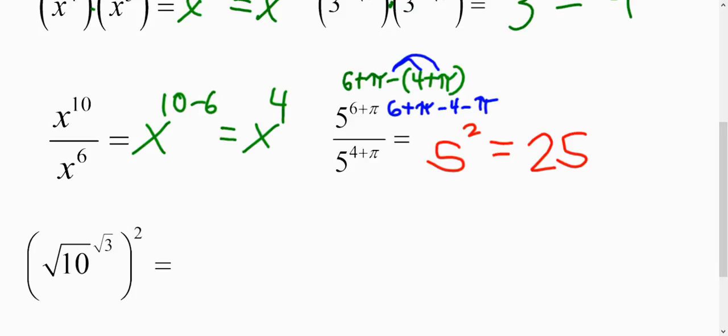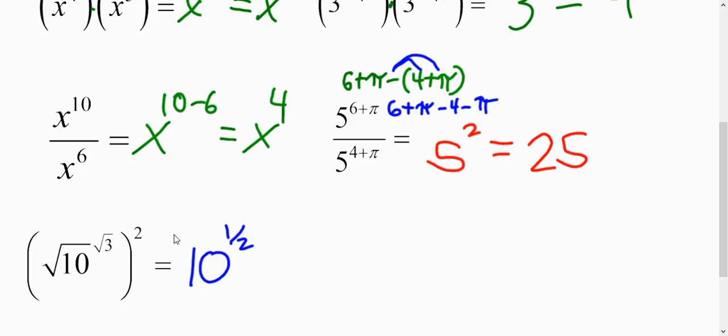Here's another power to a power, which means we're going to multiply our exponents together. But keep in mind that the square root is really an exponent. So the square root of 10 is really 10 to the half. So this is 10 to the half to the square root of 3 to the second.